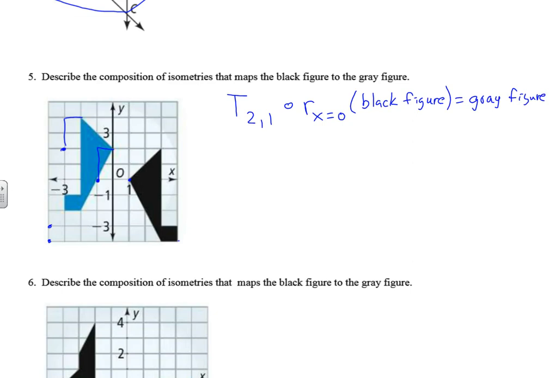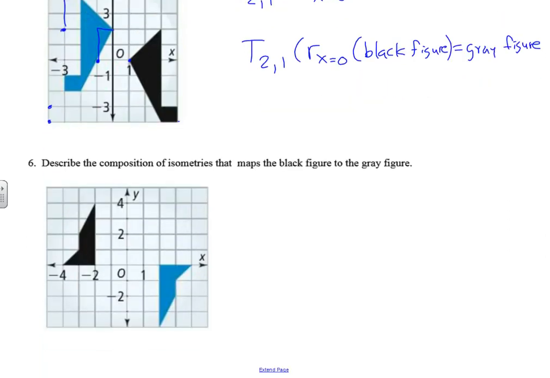Okay, or the other way we could say that is a translation of 2, 1, and then we could say following, so we just write it differently, and that other notation of the black figure equals the gray figure. All right, let's try another one.